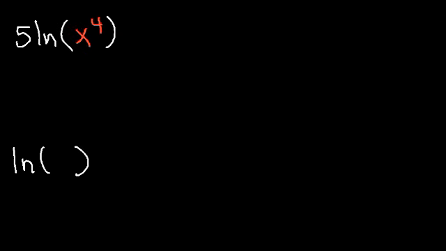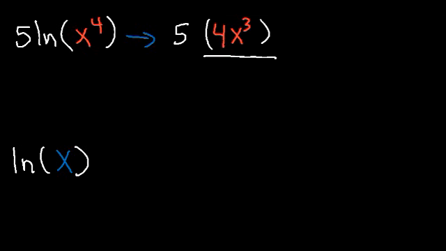Let's try some more examples. So what is the derivative of 5 ln(x to the 4th) and also ln x? So try these examples. This is going to be 5 times u prime over u. The derivative of x to the 4th is 4x cubed, and then divided by the original x to the 4th.